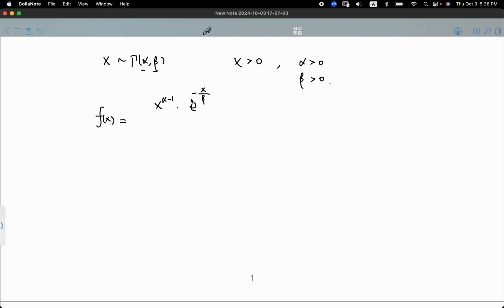This whole thing is in the exponent. And then over a gamma function, which I will talk about later, which you write as gamma of a number, in our case alpha, which is one of the parameters, multiplied by beta raised to the power of alpha. And this is the expression for the probability density function.